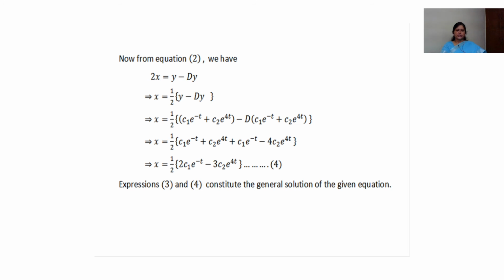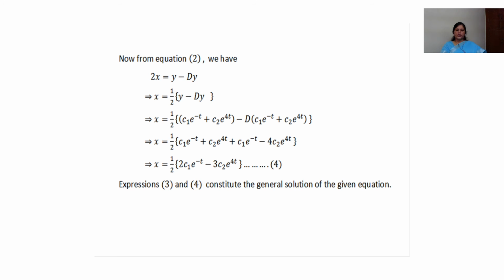So we have to differentiate with respect to t once. The first term is c1 e to the power minus t plus c2 e to the power 4t, plus we have to go for the differentiation of c1 e to the power minus t. c1 is a constant, so we keep it as it is. If you differentiate e to the power minus t, we'll get minus e to the power minus t.